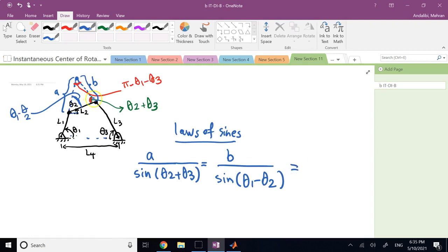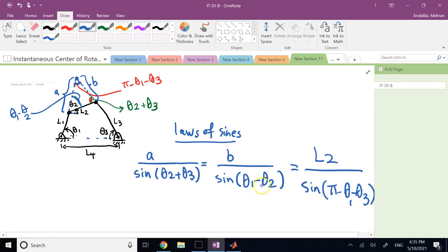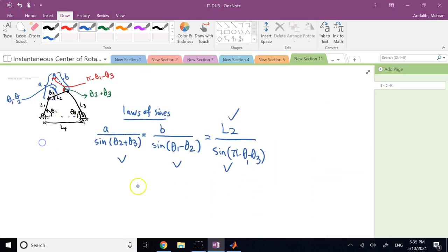That is equal to this member, which is L2, over sine of angle in front of it, which is pi minus theta 1 minus theta 3. And since all of the angles are known and L2 is known, from here I can find what? I can find both A and B.